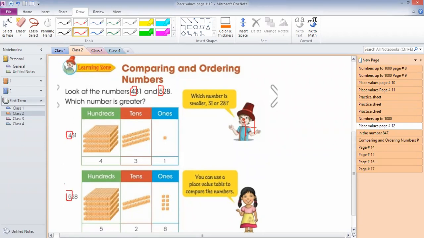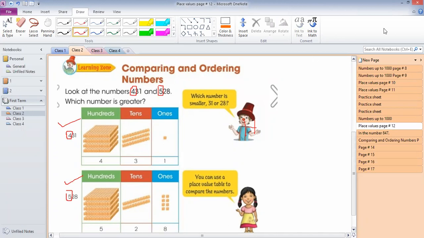So 400 is smaller than 500 and 500 is greater than 400. That's why I can say 431 is smaller than 528 or 528 is bigger than 431.